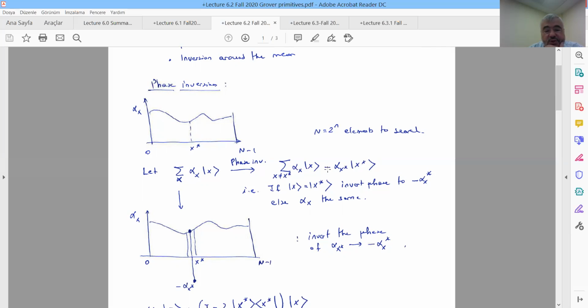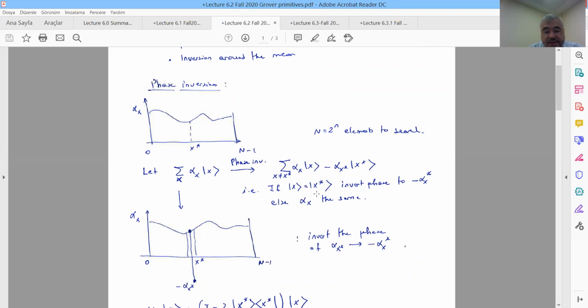You change it from plus to minus. This is what we mean by phase inversion. All the remaining states keep the same coefficients, alpha sub x ket x.